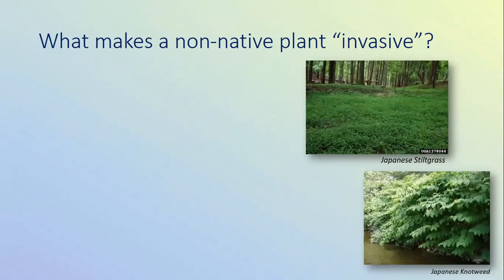So what makes a non-native plant invasive? Well, you can look at these two photos here and you can see they have some pretty similar characteristics across the board. Obviously, spreading out and taking over an area is kind of the key characteristic of an invasive plant.